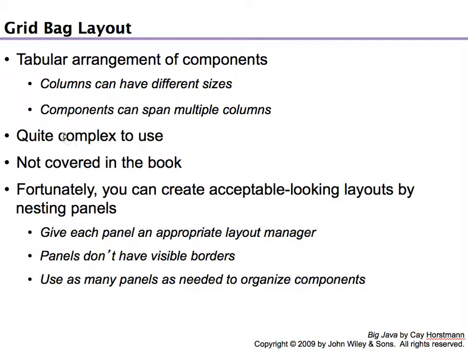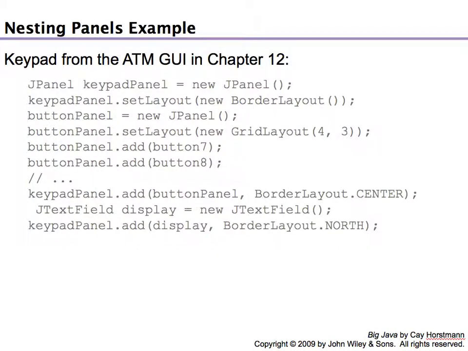This is complex. It gives you a lot of flexibility and it is not covered in the book, but you can look up the API documentation and see how this one works.